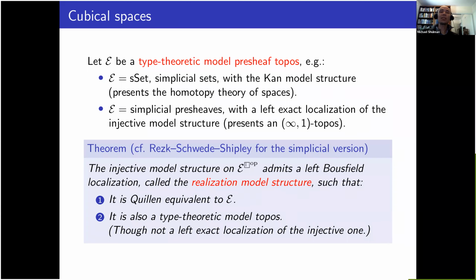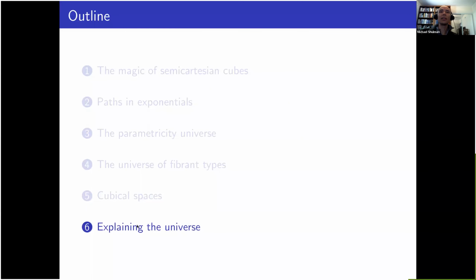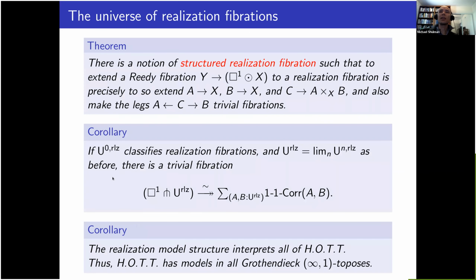But basically all we've got to do is boost up something about the universes to include extra fibrancy conditions to deal with this realization model structure. I'm going to basically skip talking about that because I don't have time, but I can talk more about that later or in the chat or whatever.